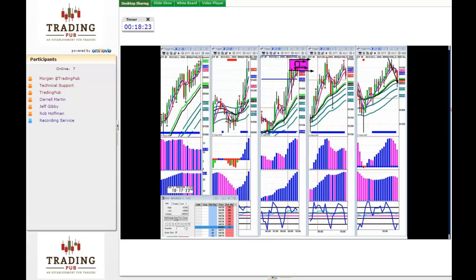What happened was, I drew to highlight that this actually became a distribution bar within a distribution bar. So it basically became a double distribution bar. Very powerful, multiple representations of the same message: that some institution has inventory to sell, or doesn't believe it's going to go any further.